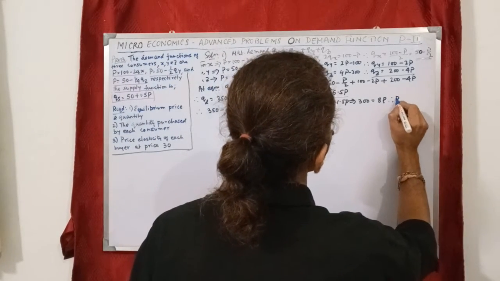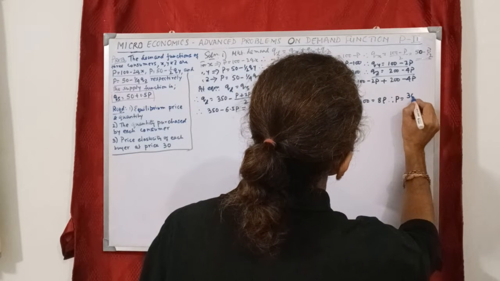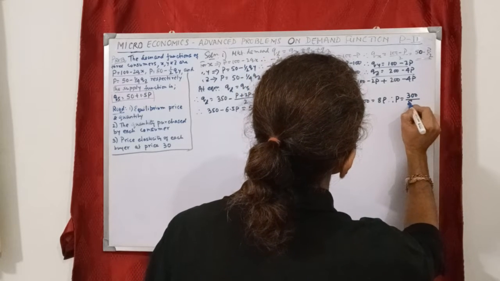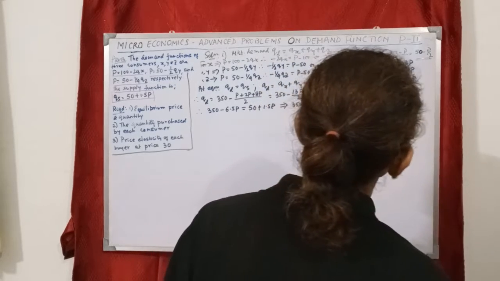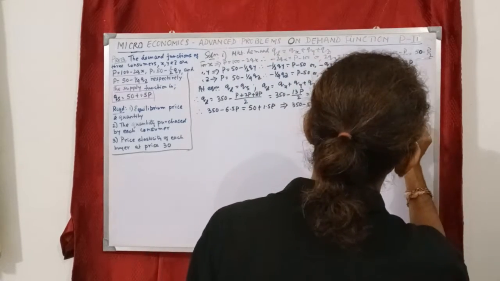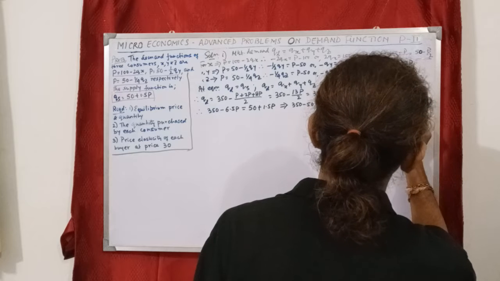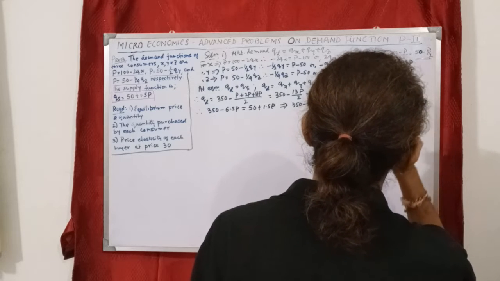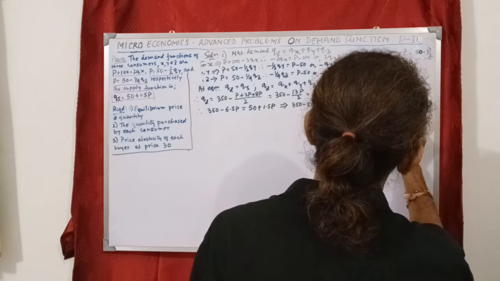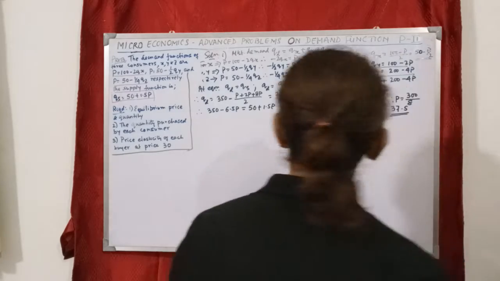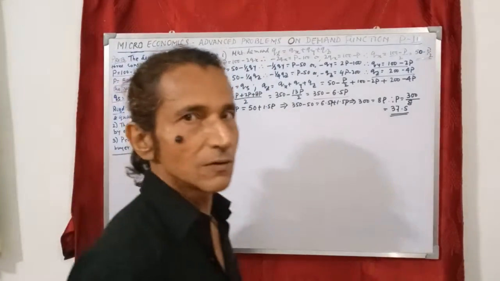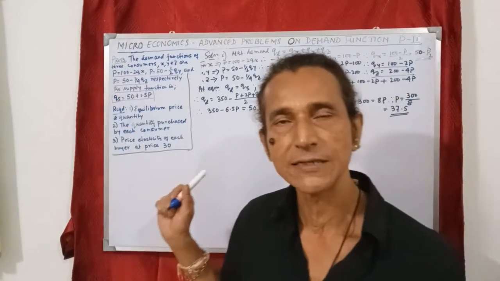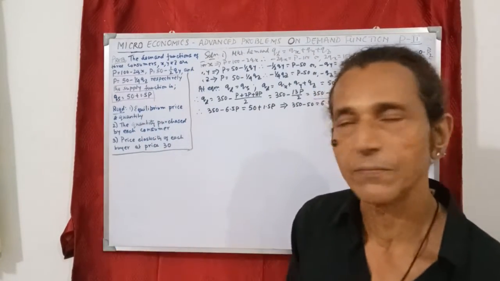Therefore, P equals 300 by 8, that is 37.5. So 37.5 is the equilibrium price. We have found out the equilibrium price as 37.5.